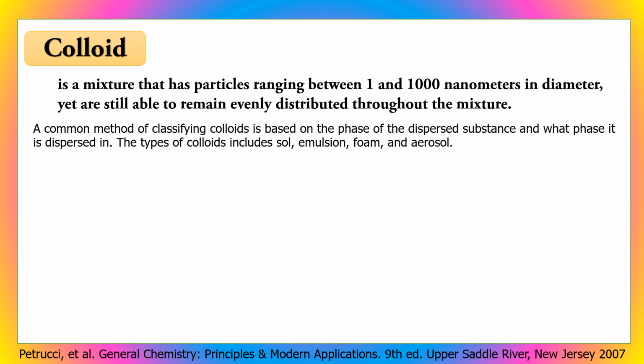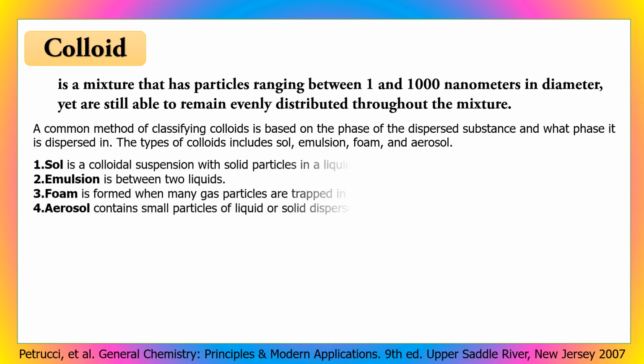A common method of classifying colloids is based on the phase of the dispersed substance and what phase it is being dispersed in. The types of colloids include sol, emulsion, foam, and aerosol. Sol is a colloidal suspension with solid particles in a liquid. So the dispersing medium is liquid, the dispersed substance is a solid.